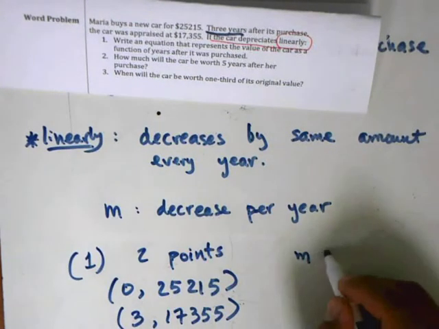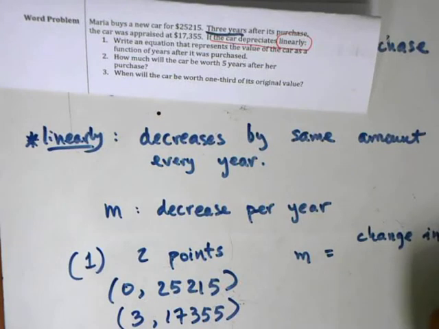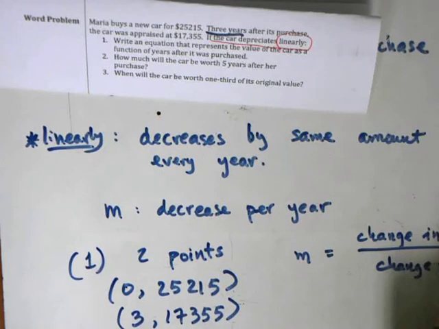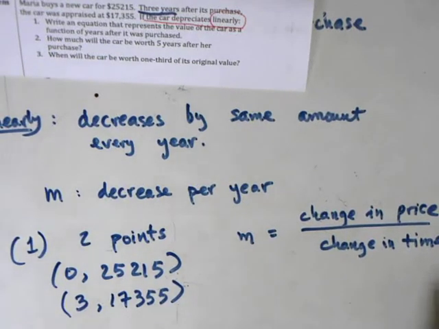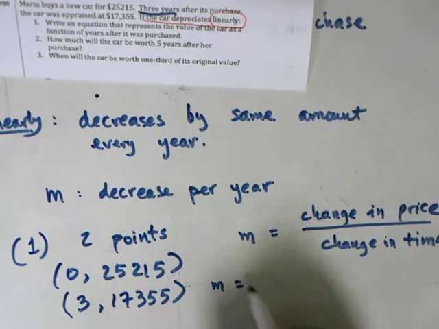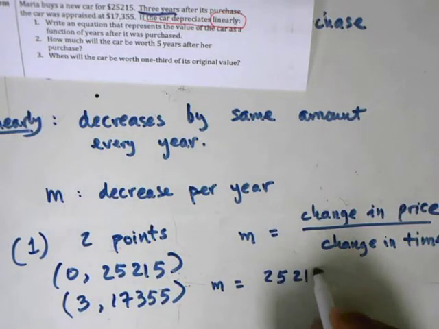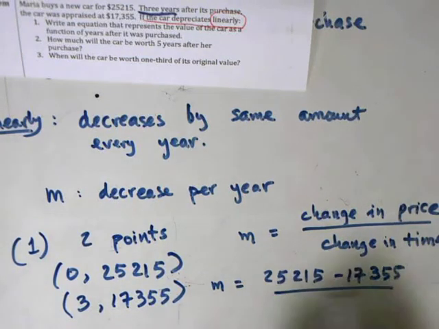So that means the decrease per year is really change in price over change in time. So we can calculate this using the numbers that we're given, that M is equal to 25215 minus 17,355 over 0 minus 3.